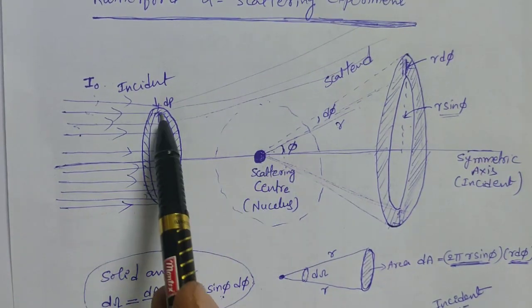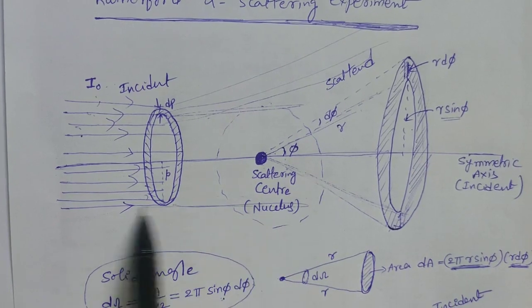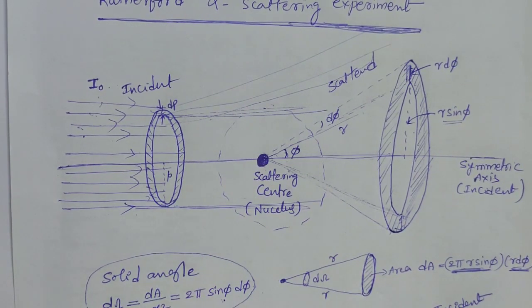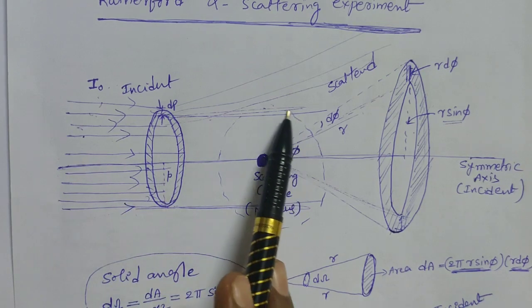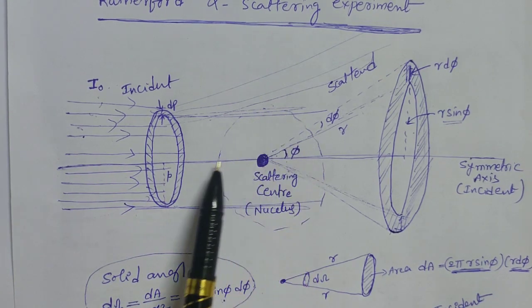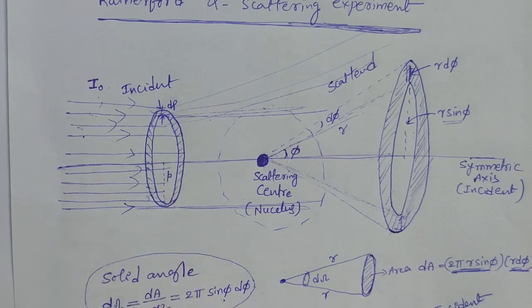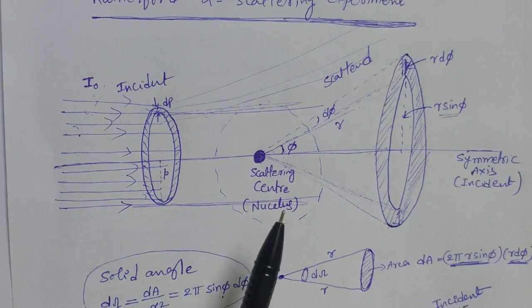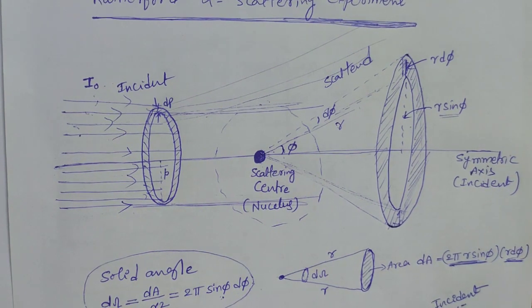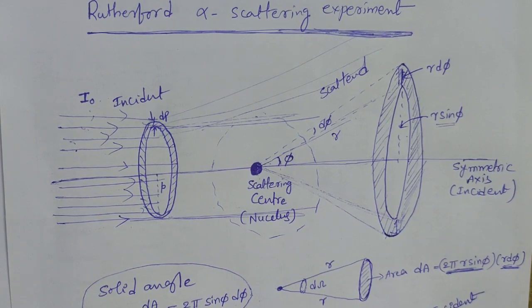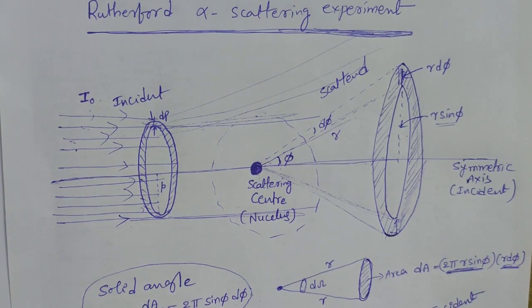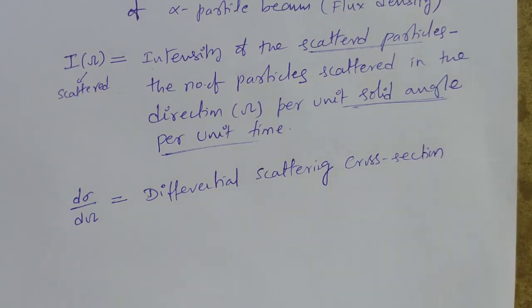This is the area it is presenting, or we can say it is an effective area presented by the nucleus for the alpha particles.